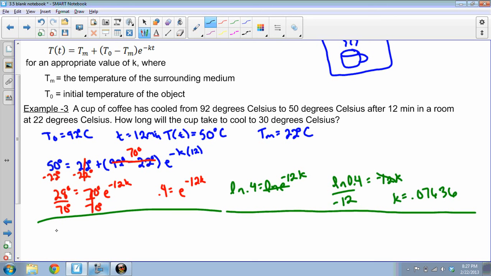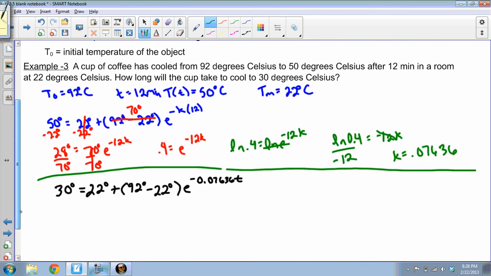Now we want 30 degrees Celsius, so that's T of t, so it's going to go on the left side, equals T of M, which is still 22 degrees. Inside our parentheses, we still have 92 degrees minus 22 degrees. And now, instead of having what we had before, we're going to have negative k, which we said was 0.07636 times t. We're trying to figure out how long it's going to take for this to actually occur, so we're solving for t.